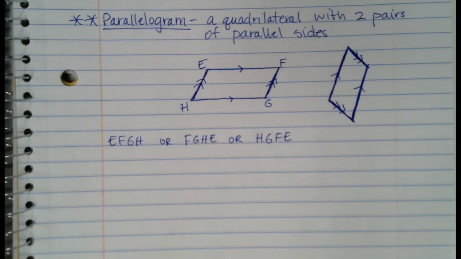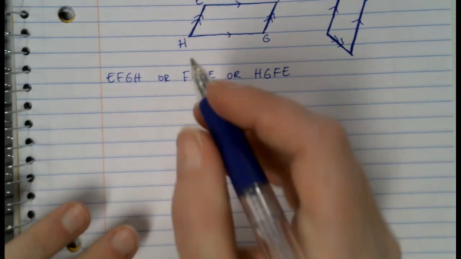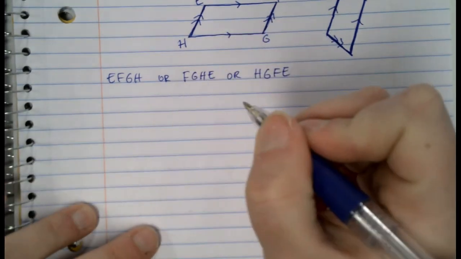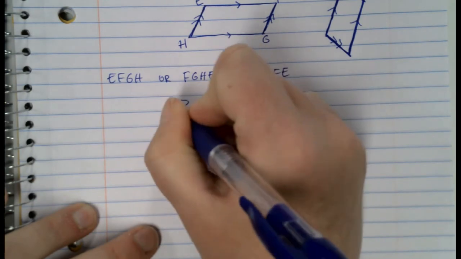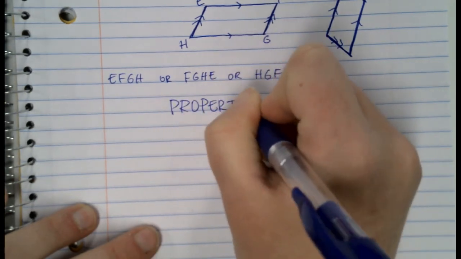I'm going to stop this. So there are 3 main properties of parallelograms that we're going to talk about. Property. I can't spell.